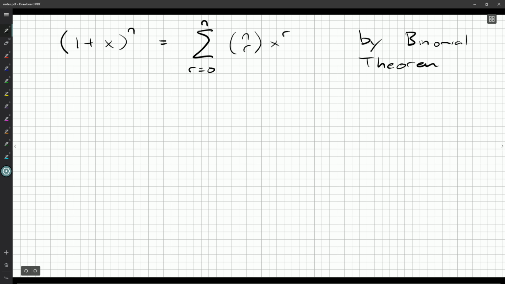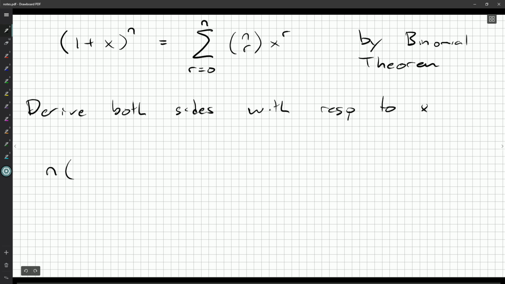But they bring down the n, and then they add in an x, and taking the derivative of the inside there is not going to bring out an x. So let's say derive both sides with respect to x.